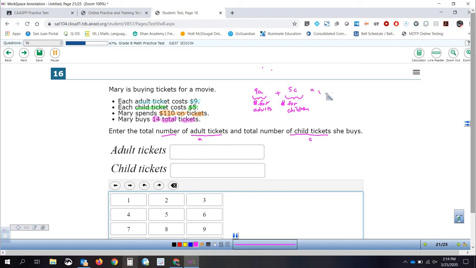And what do we know this is going to represent? The total dollars for tickets. So this is how much she spent on adults. This is how much she spent on children. And this is going to be the total that is spent on tickets. Well, the total that was spent on tickets was $110.